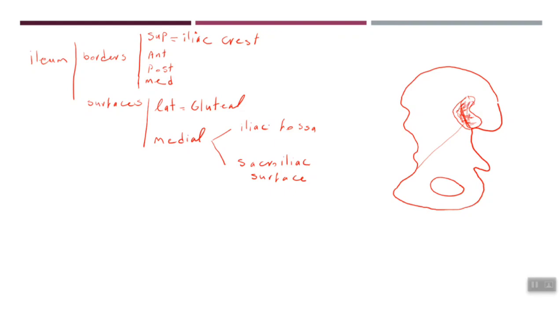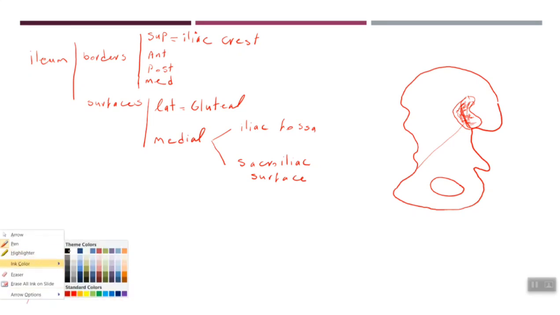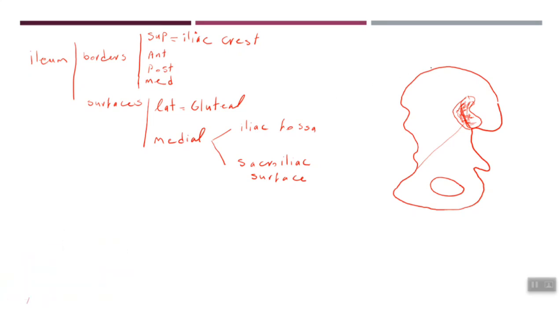Here I consider some detail about the ilium. As you see here, this part is the superior border. In my picture, this part is anterior and this part is posterior.